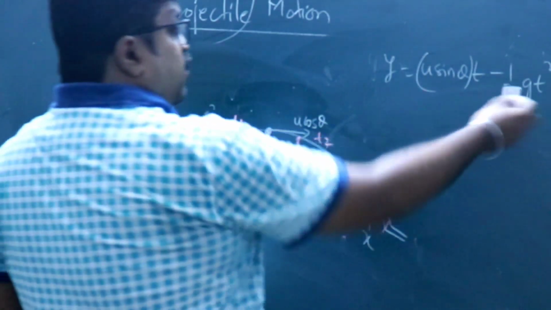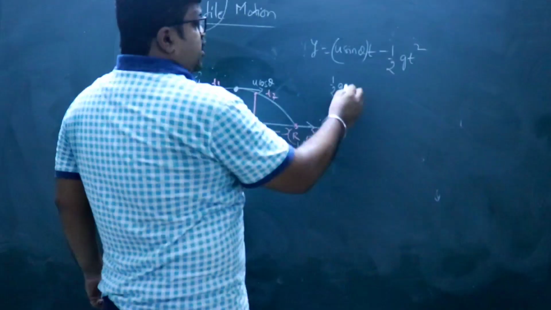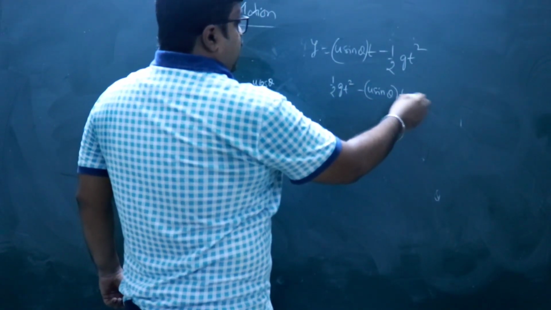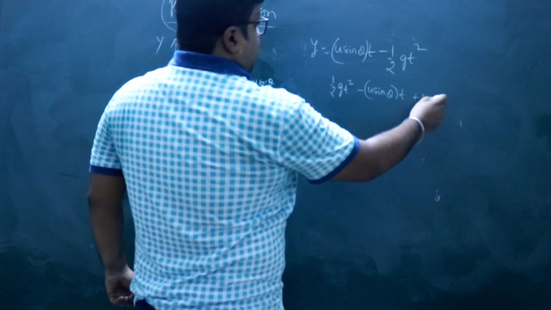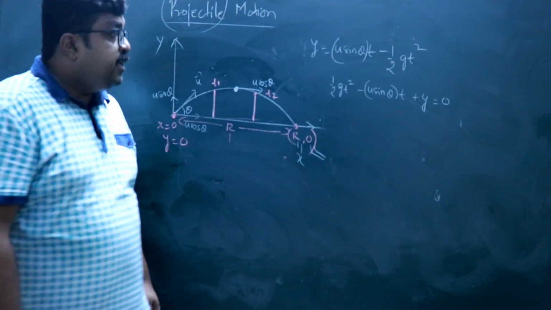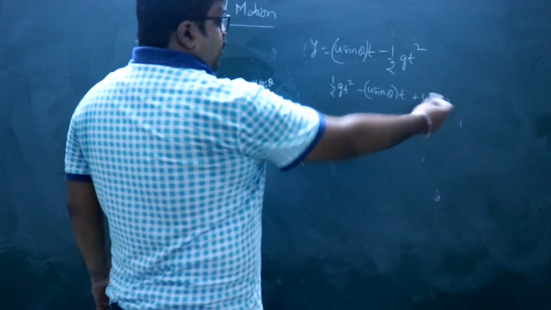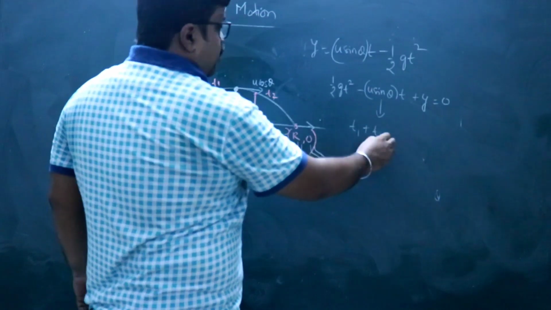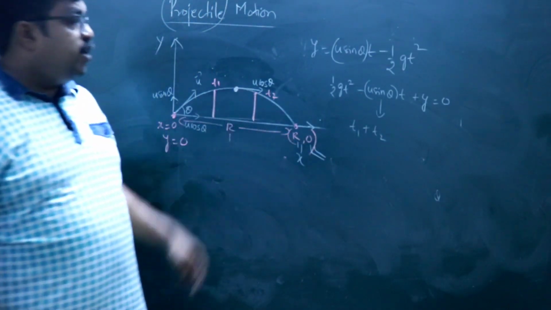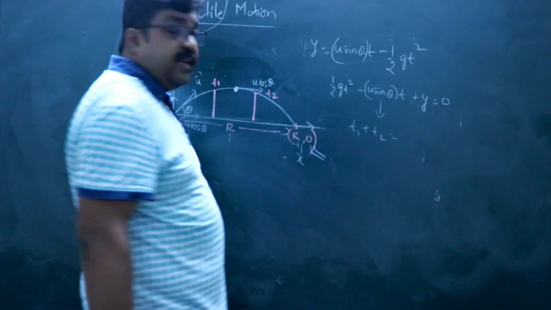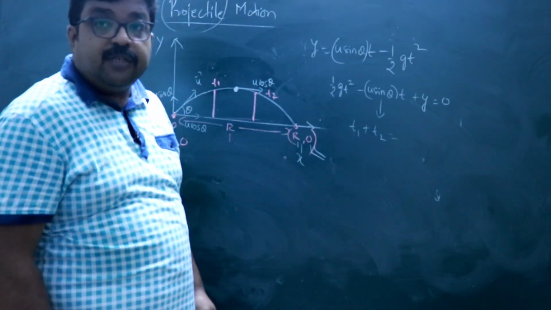I can write this equation as half gt square minus u sin theta into t plus y is equal to 0. Now this is a quadratic equation, and the solution of this quadratic equation is t1 and t2, because t1 and t2 are the points on this curve. Now sum of the roots is equal to minus b by a for a quadratic equation.